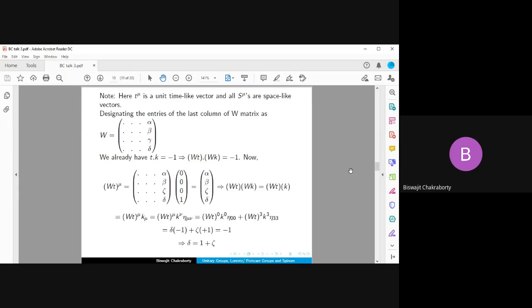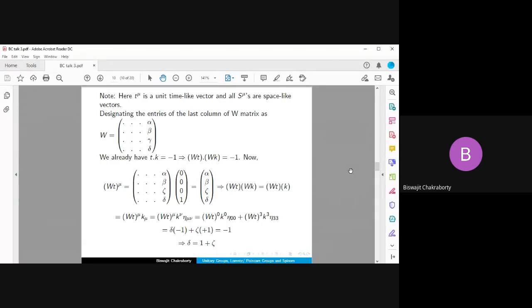So here T^mu is a time-like vector, as I said, and S^mu is a space-like vector. Now to determine W, I have to determine all the entries: 4 by 4, 16 entries in total. All of them are real, since W is a matrix in the subgroup of the Lorentz group which preserves K. So let me assume the last column, the time column, so to say, the 0th column, is alpha, beta, gamma, delta.